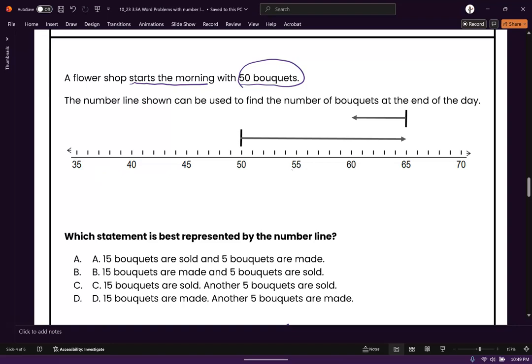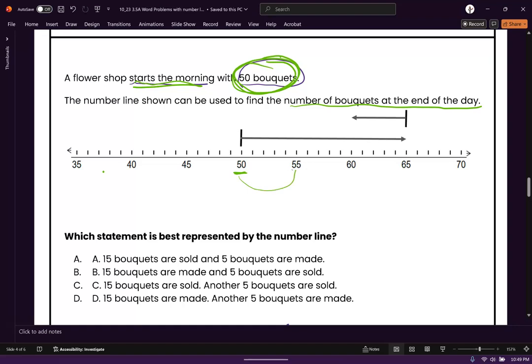Okay, here we go. So starts the morning, 50 bouquets. The number line shows the number of bouquets at the end of the day. So they started with 50 bouquets. That's why our number line starts with 50. Now, if we look at the number line, we see that they're counting by what? Right, they're counting by fives.